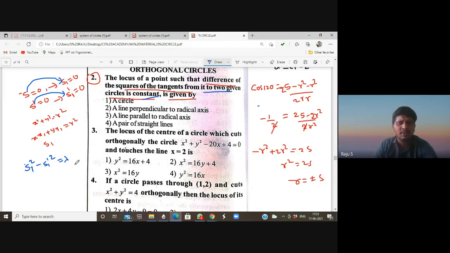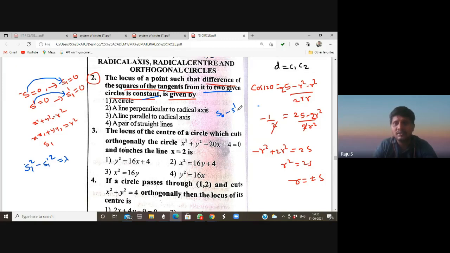After that, what to do here, students? The difference here is nothing but, for example, S and S dash are any two circles, and the difference is always given by the radical axis.